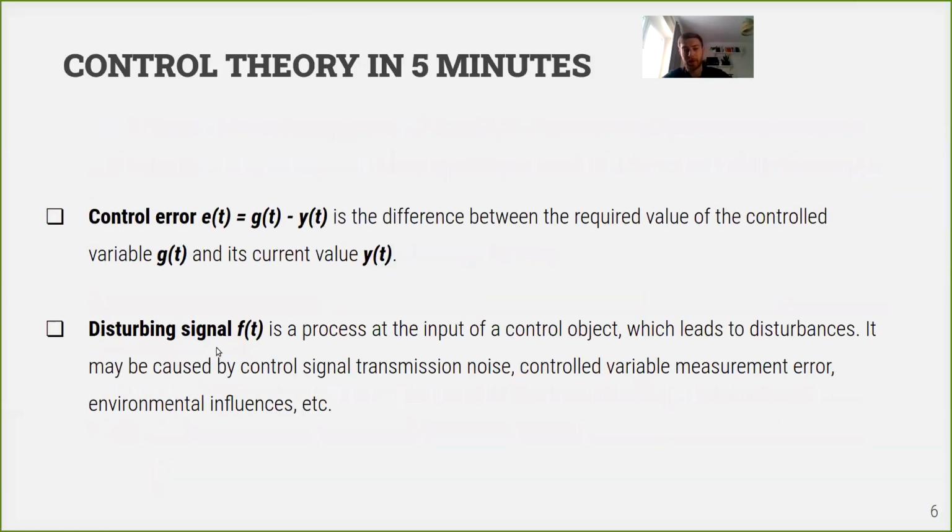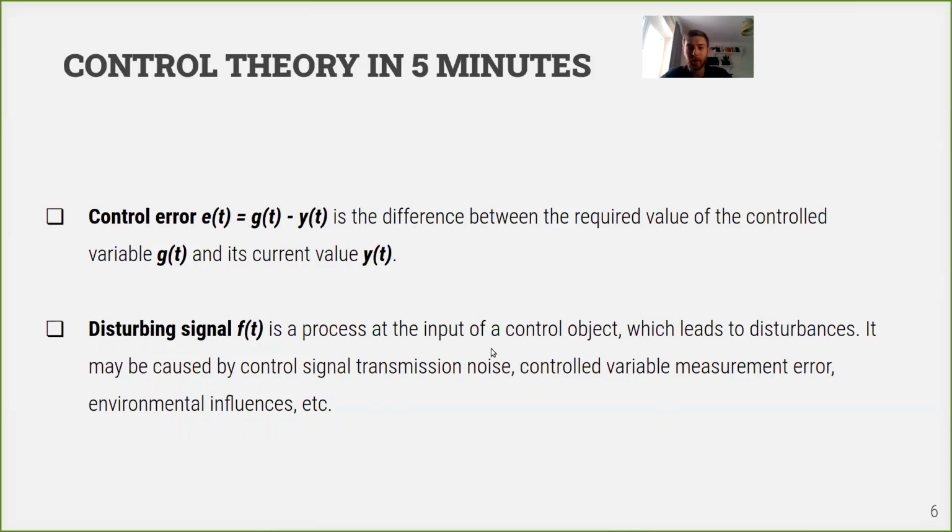But we have disturbing signals F, the process at the input of the control object which leads to disturbances. It may be caused by some external noise. For example, some person just holds the motor shaft, and of course the speed of rotation would be different from the one we would expect if there is nobody holding the motor shaft.